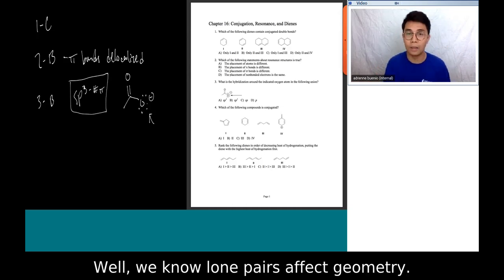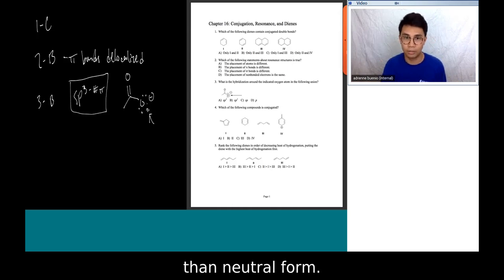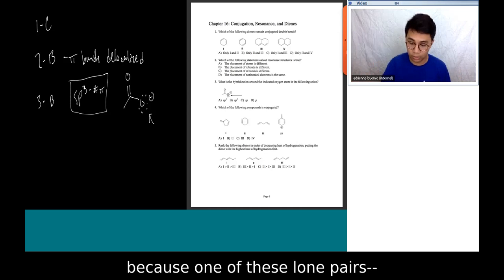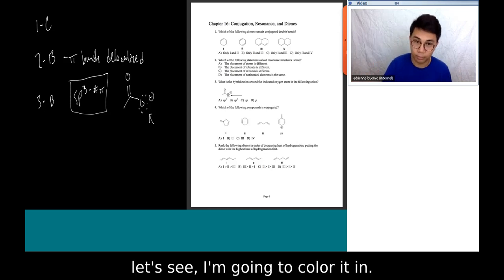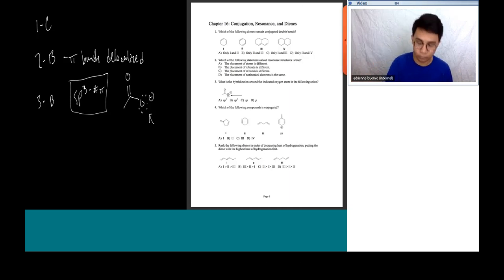Well, we know lone pairs affect geometry, right? And in this case, it has an extra lone pair compared to the neutral form, right? So you count one of those lone pairs as the pi bond. Let's see, I'm gonna color it in.